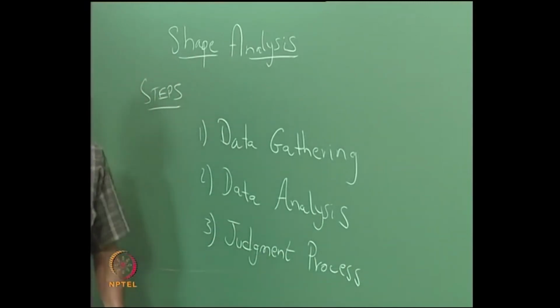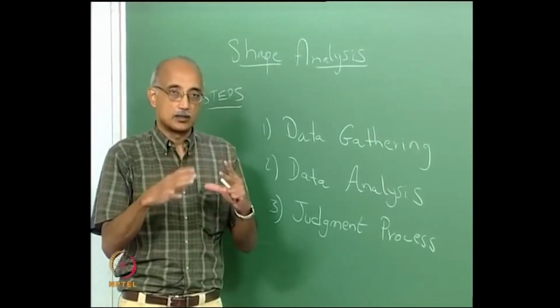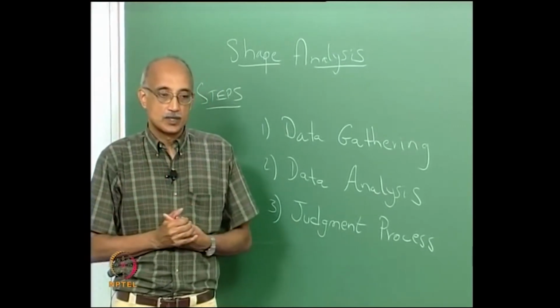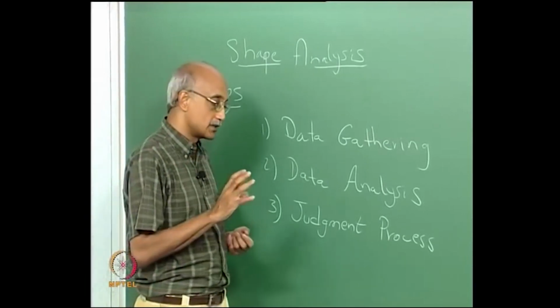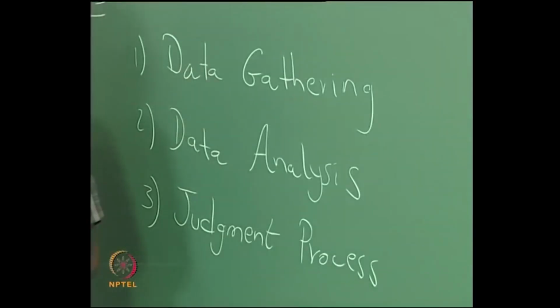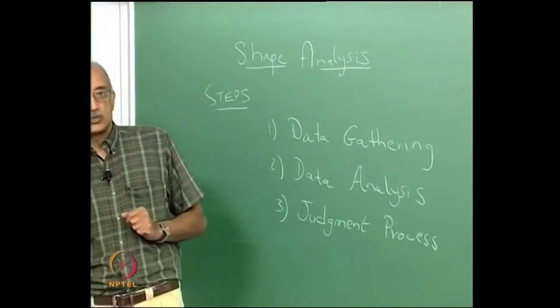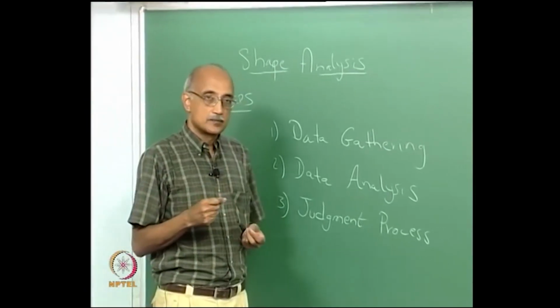So what do we mean by these? Data gathering, as the name suggests, is the first step where you take the particle whose shape you are trying to assess and collect data on it in terms of its surface profile. Data analysis refers to how you then use the data. Collecting the data is sometimes the easy part.